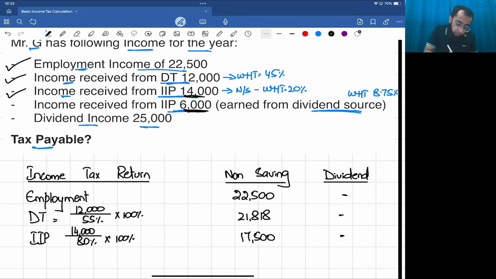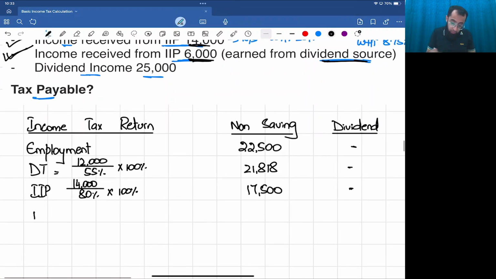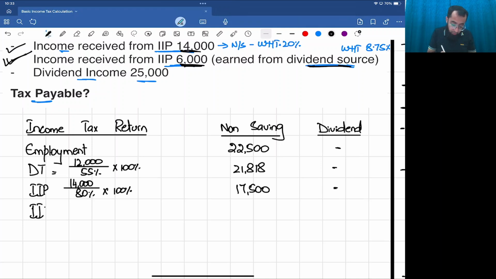Then income from IIP, which is stated to be dividend source, 8.75%. So one more IIP. There are two interest in possession trusts he owns. 6,000, 8.75 is the withholding. So 91.25 will be the grossing adjustment. See, it's pretty much logical.